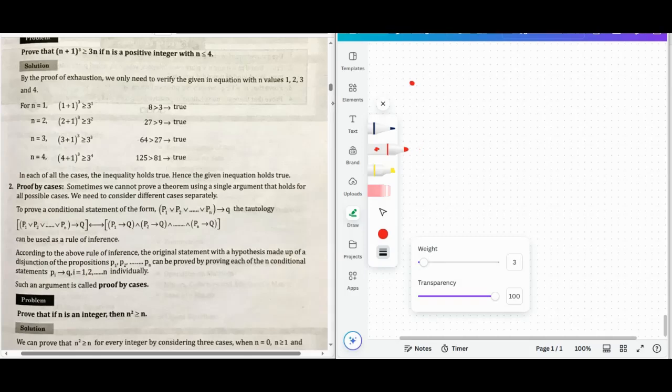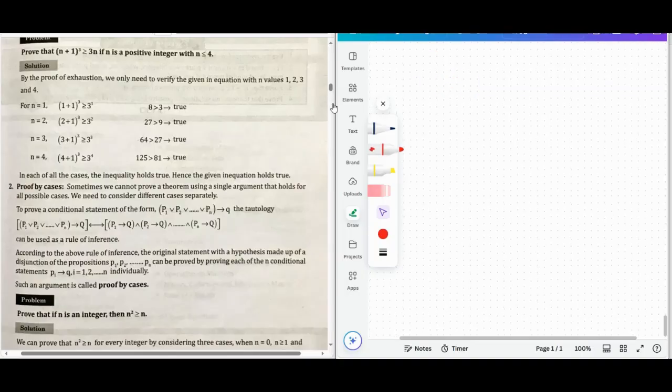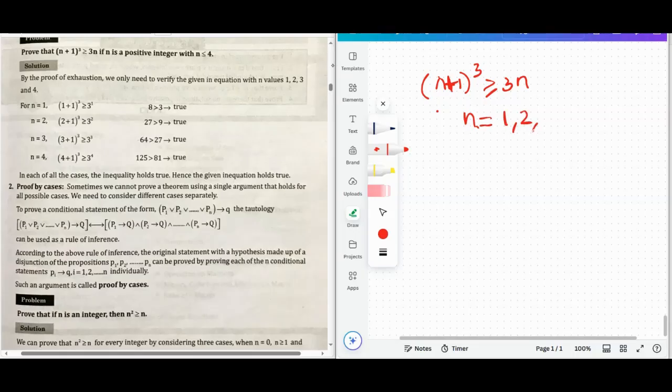So if you take n plus 1 whole cube is greater than or equal to 3n, where n is less than or equal to 4, it means n will be 1, 2, 3 and 4.